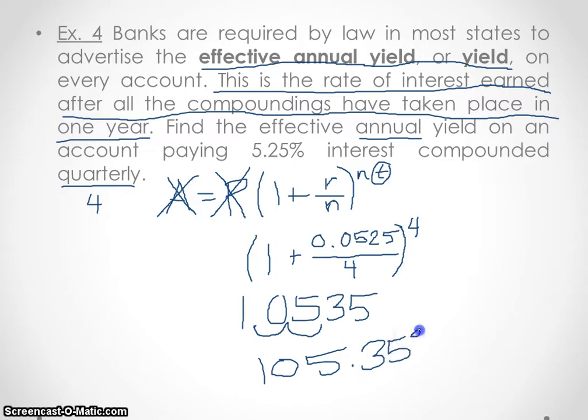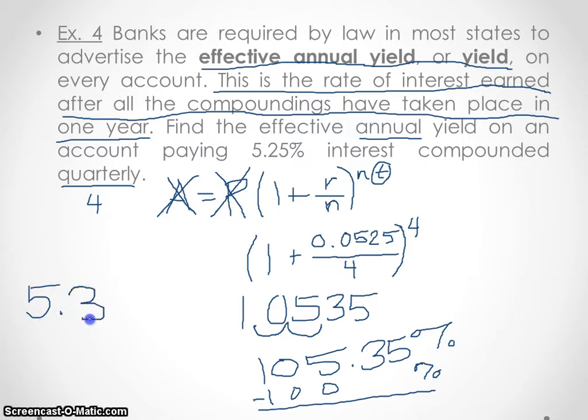It's kind of weird to think, but you already have 100% of what you put in, so you just subtract off 100% from this, just like we subtracted off our original amounts before. If you subtract off 100%, you would just get 5.35%.